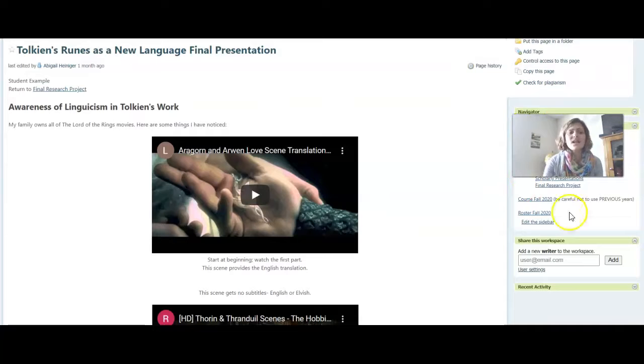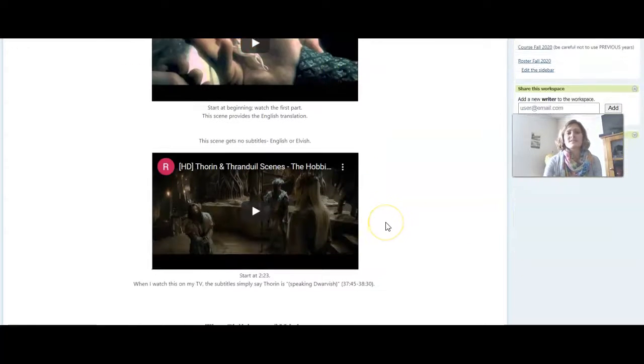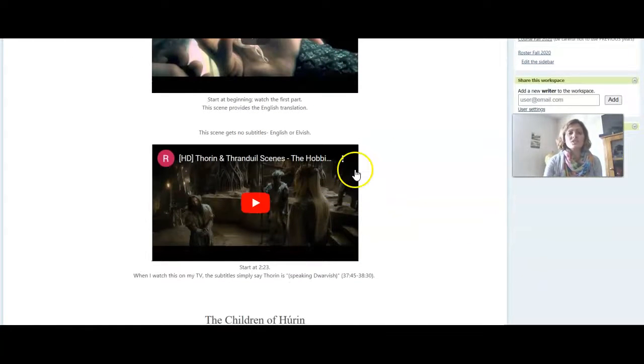So, as part of that, this student began with video clips and had everyone watch these different video clips, one with English subtitles and one without, to try to understand the meaning of the language just by the sound of it. Whether it was harsh, whether it was musical, whether it was happy, whether it was angry, what emotions, what messages are being given off through the languages that Tolkien created.